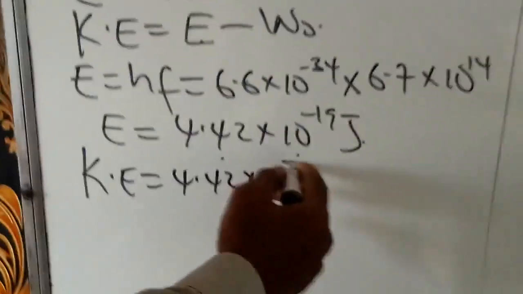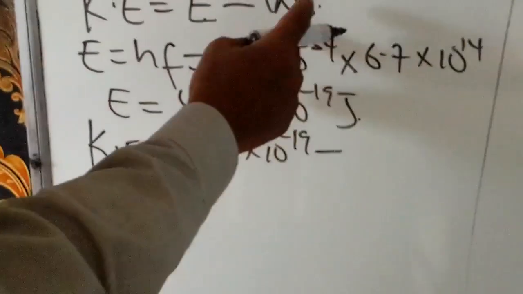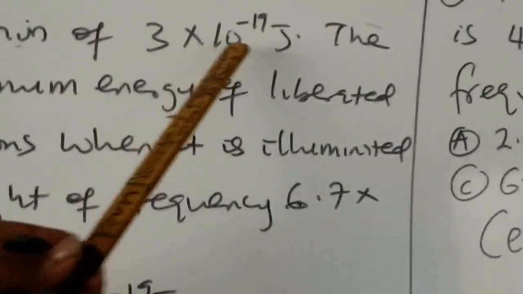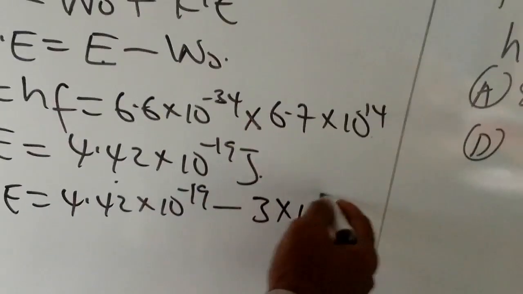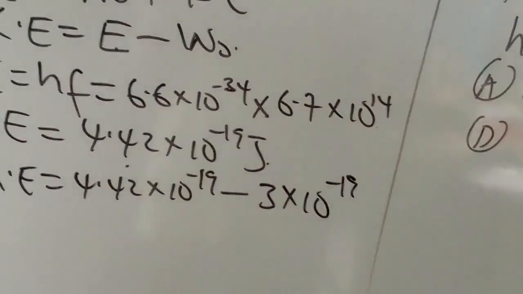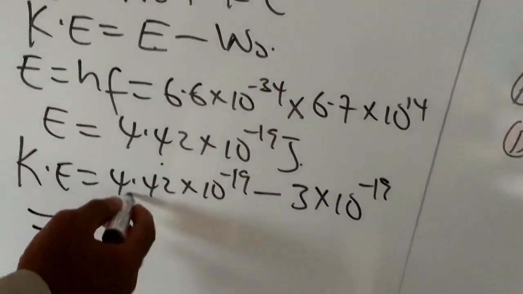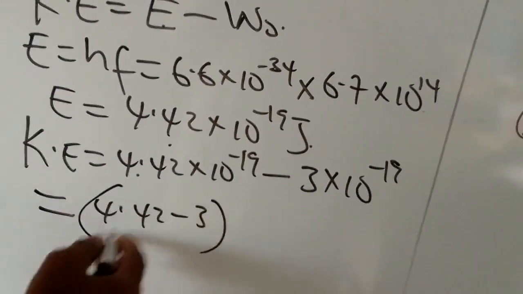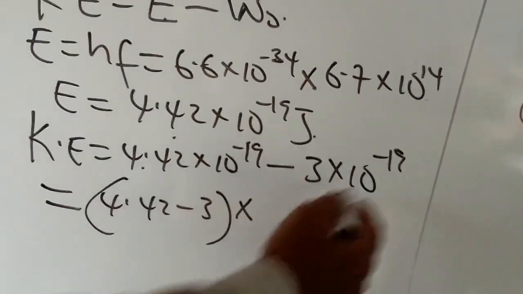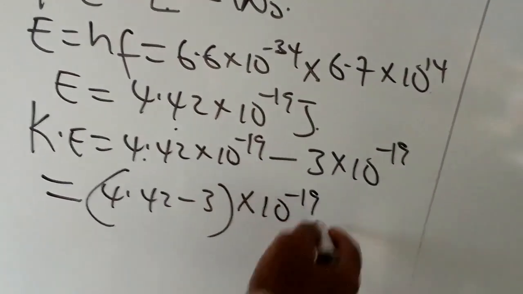So our KE now becomes equal to energy of the radiation, which is 4.42 power minus 19, then minus the work function. In the equation, work function is 3 times 10 to the power minus 19. We can factorize 4.42 minus 3, then times 10 to the power minus 19.